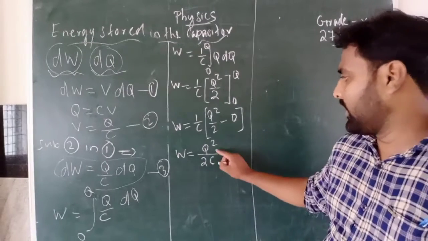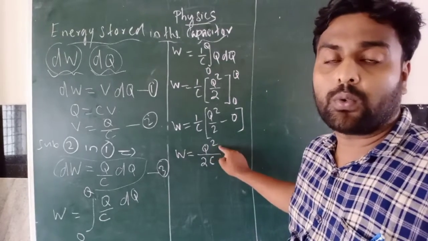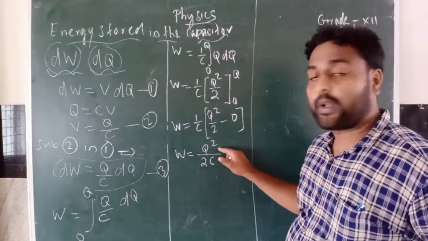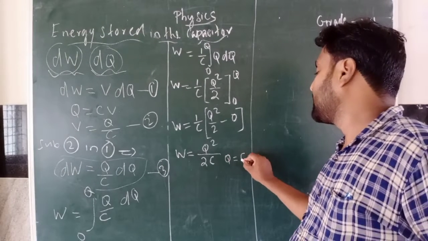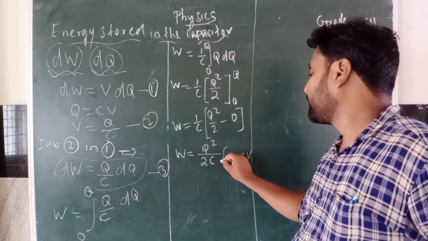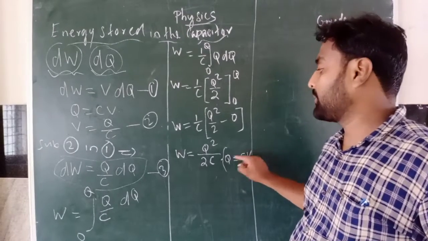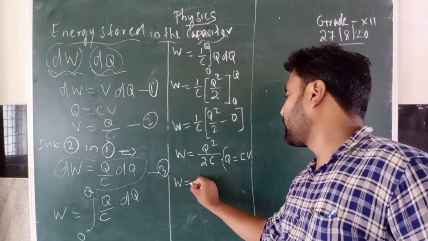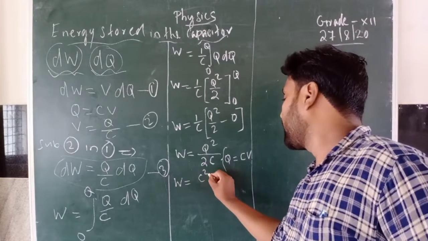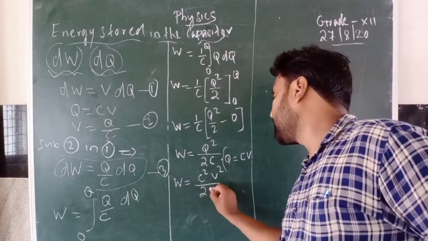So now we know the formula for Q. What is the formula used to find Q? Q is equal to CV. Substitute here. So what will come? W equal to C square V square by 2C.